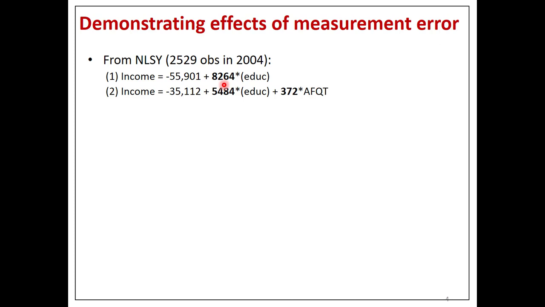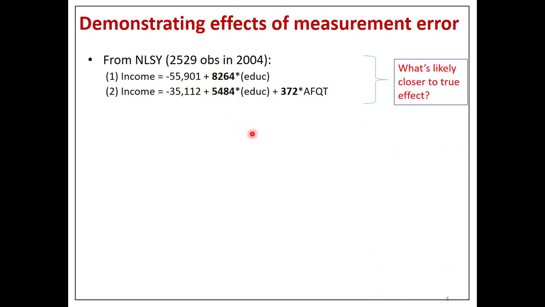Okay, now obviously, as I said, that's going to be subject to many different biases. If I were to control for the AFQT score, that's the Armed Forces Qualification Test score, which was given to about 94% or so of the respondents in the NLSY, and it's basically a measure of aptitude. So if I include that, then the estimate goes down from 8264 to 5484.